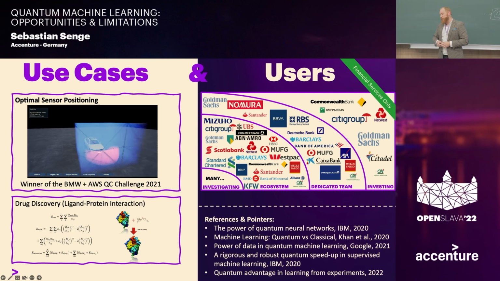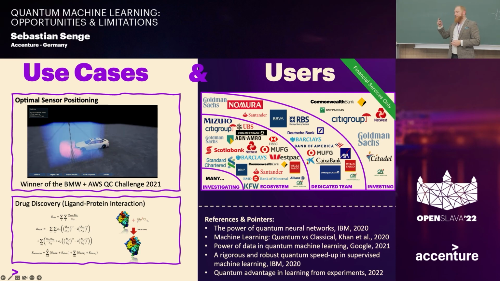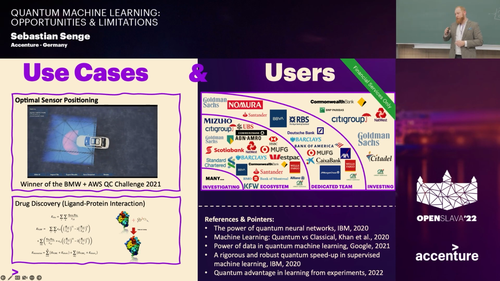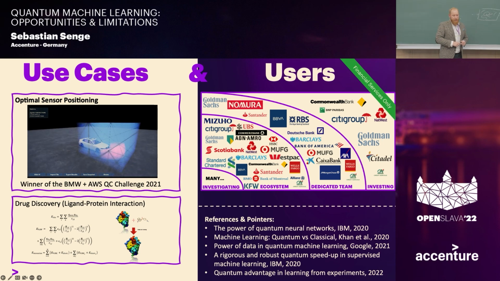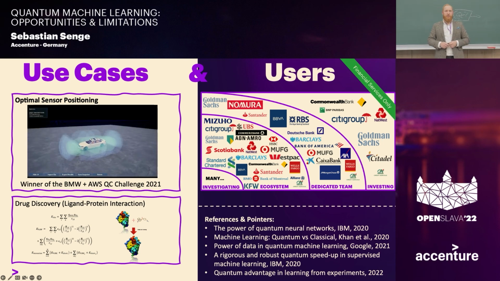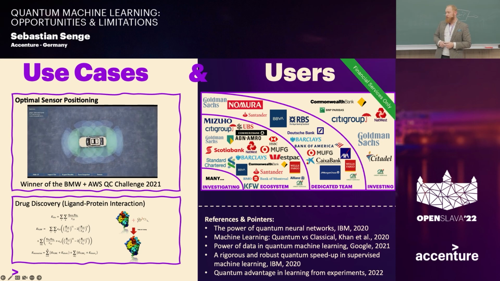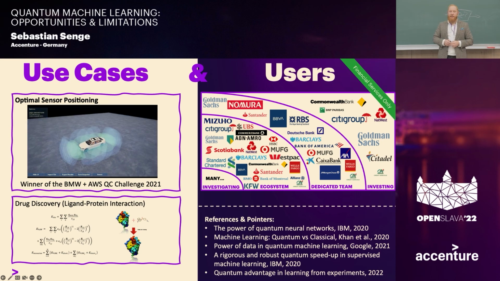On the right side, for the financial services industry, you see a couple of companies already investing in quantum computers because they expect a lot of disruption from that area. For example, Goldman Sachs and JP Morgan Chase are investing heavily in this technology already.